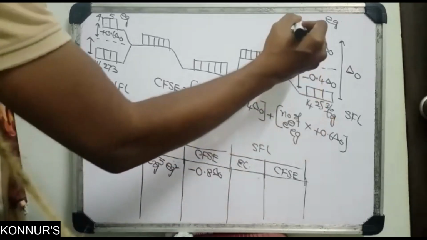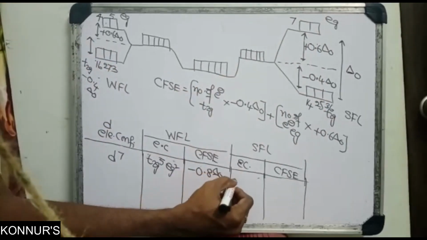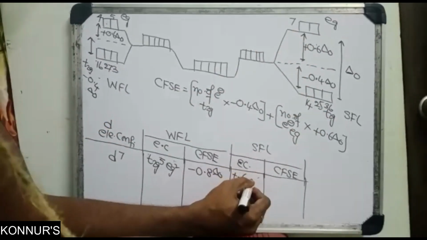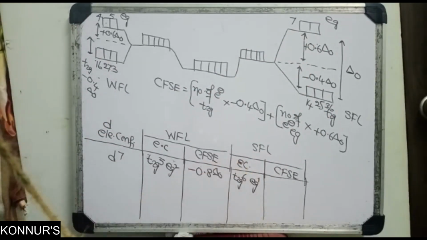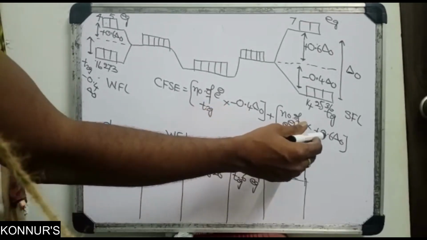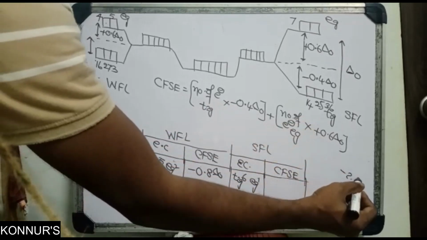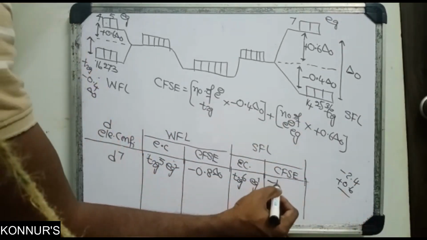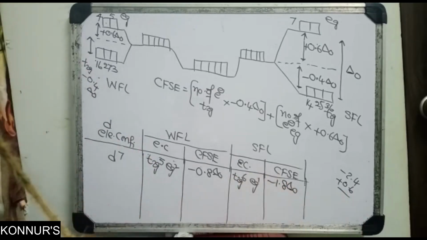The seventh electron is going above, so t2g6 eg1. So here, minus 2.4, minus 2.4 plus 0.6, minus 1.8 delta 0.